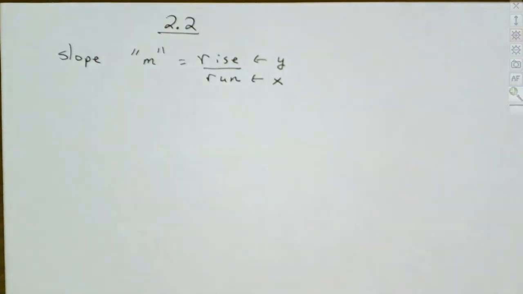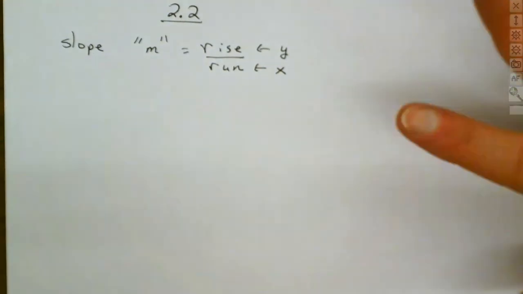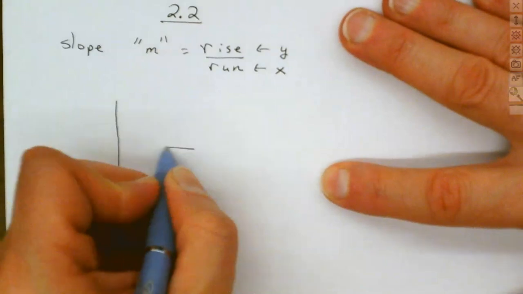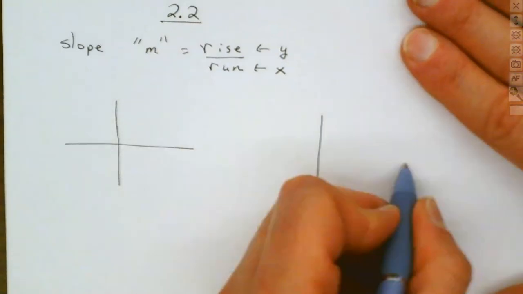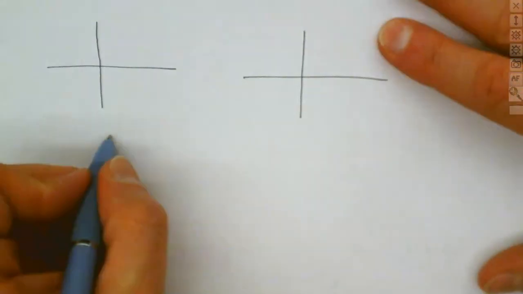If you build a house, the roof has a pitch. Right? Pitch is just like the slope, just that different professions call it different names. We call it the slope in mathematics, but it's just a ratio of the rise over the run. Now, I'm going to give you 4 graphs here, and we're going to talk about each of these, and we're going to talk about what the slopes are.